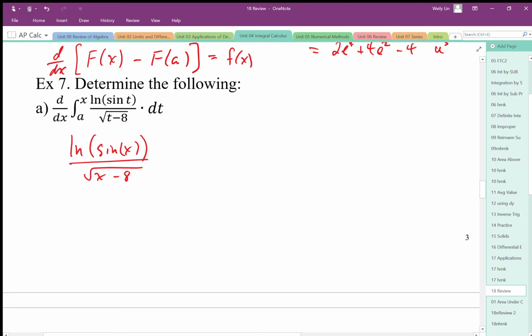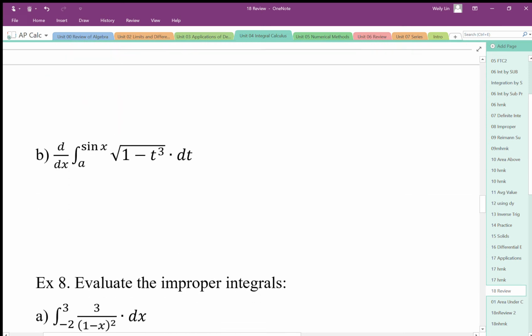And that's it. Now what we have to be careful of with this is if the endpoint is a function itself, then we end up with an embedded function here. So when we do the derivative part of it, although the f of a still disappears, we need to apply chain rule. Okay, so this is an example here.